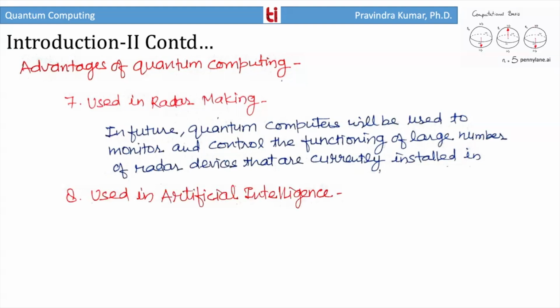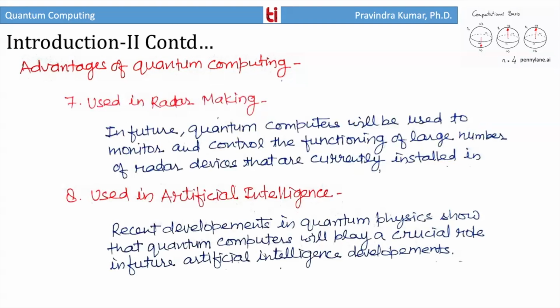Another advantage is use in artificial intelligence. Recent developments in quantum physics show that quantum computers will play a crucial role in future artificial intelligence development. Quantum computer systems can provide the basis for solving some of the most challenging problems in artificial intelligence.